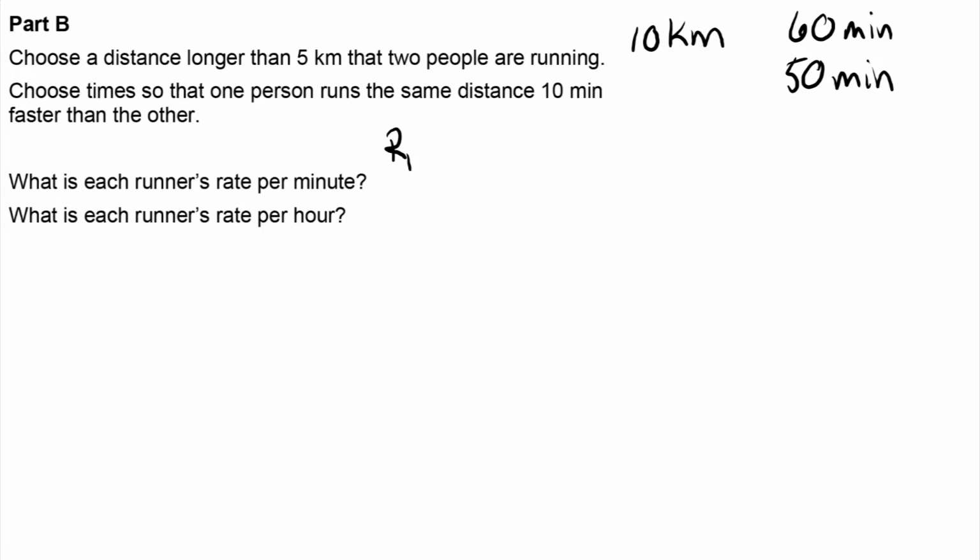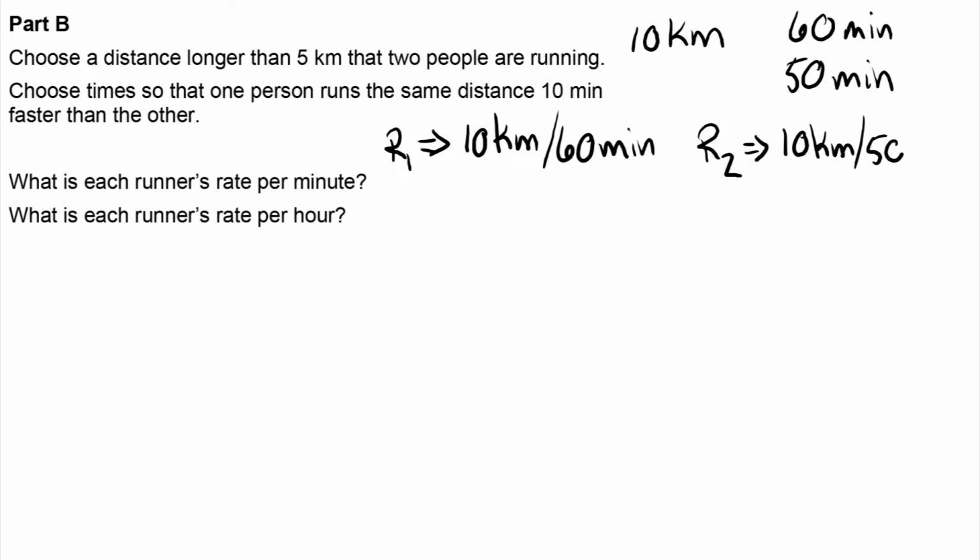Runner 1 is running at a rate of 10 kilometers per 60 minutes. And runner 2 is running at a rate of 10 kilometers per 50 minutes.